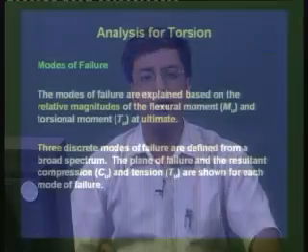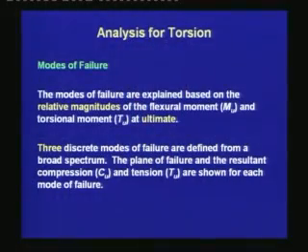The modes of failure are explained based on the relative magnitudes of the flexural moment and torsional moment at ultimate. What we can appreciate is that two moments are acting in the beam, the flexural moment and the torsional moment.